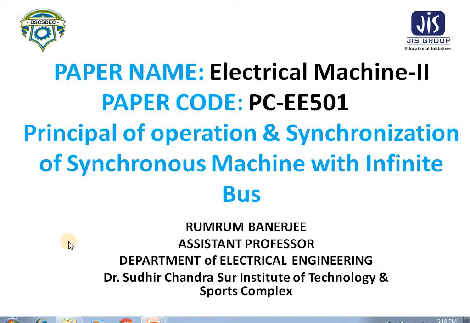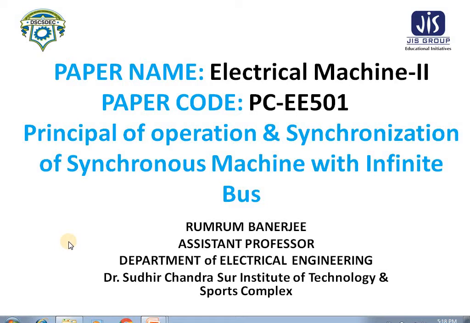Basically, synchronous machines are generally used for industrial purpose, and industrial purpose means a huge amount of voltage needs to be generated and delivered, and for this purpose a huge grid system should be connected. That means a larger number of synchronous machines need to be connected.